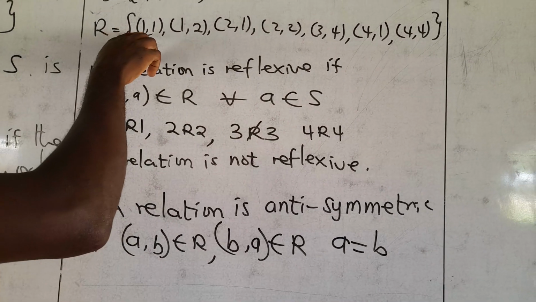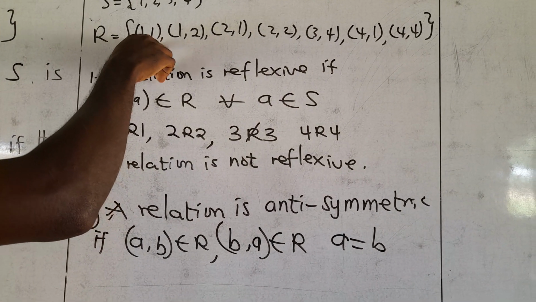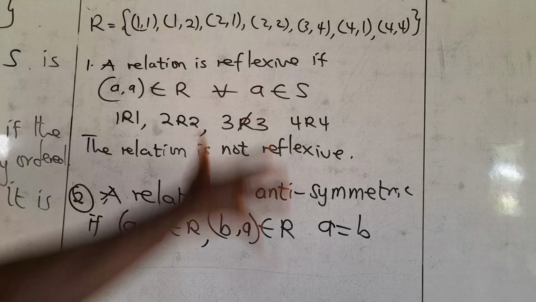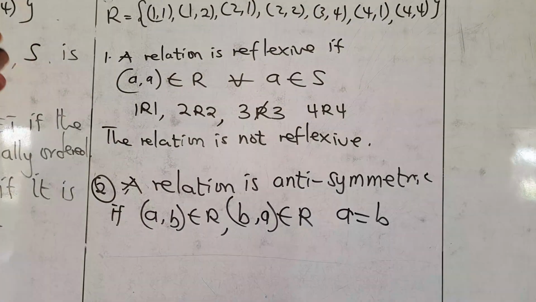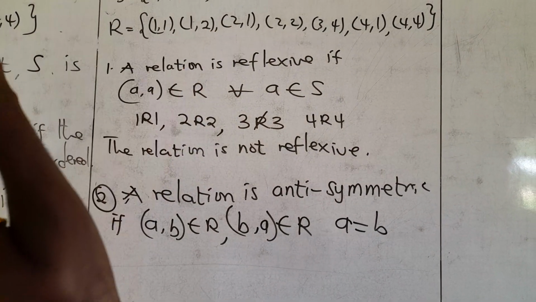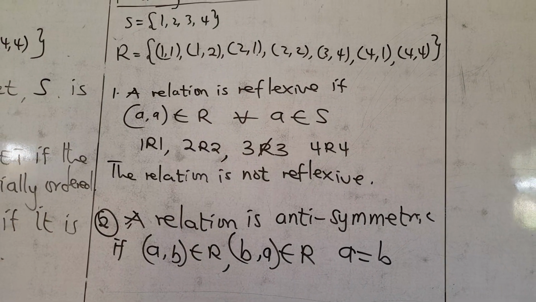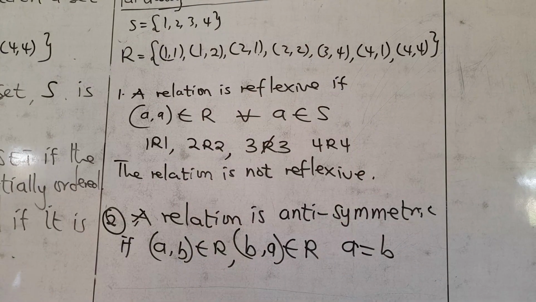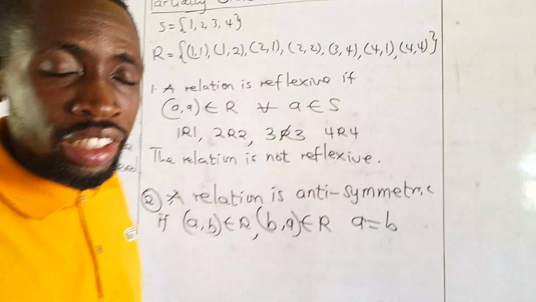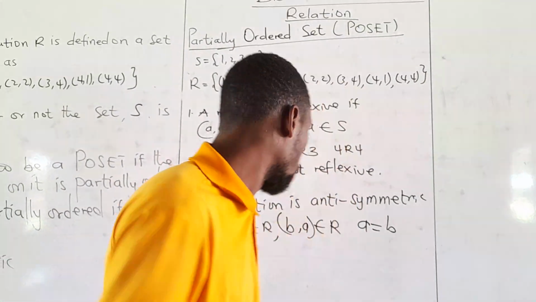So let's flip the first one. On flipping (1, 1), we still get (1, 1), which is a member of the relation, and 1 is equal to 1. It satisfies the condition. On flipping (1, 2), we get (2, 1). See, (2, 1) is a member of the relation, but 2 is not equal to 1. That disqualifies the relation for being antisymmetric. So how do we say that?